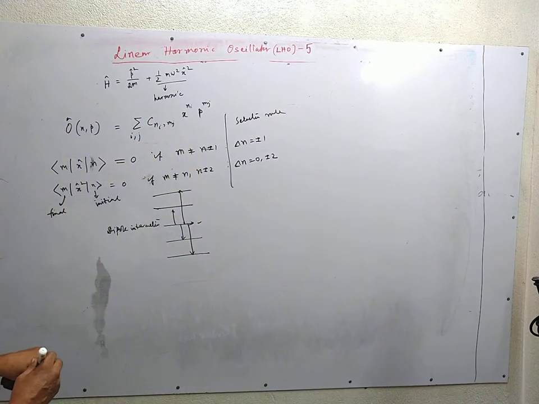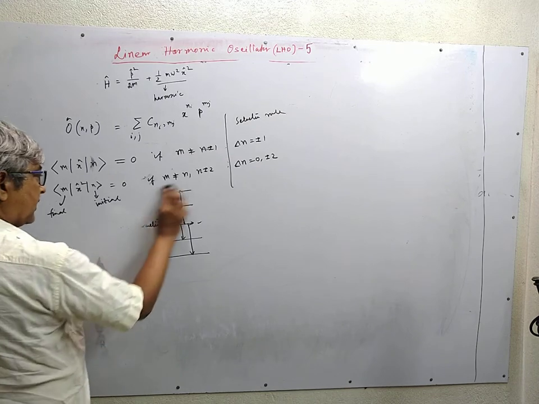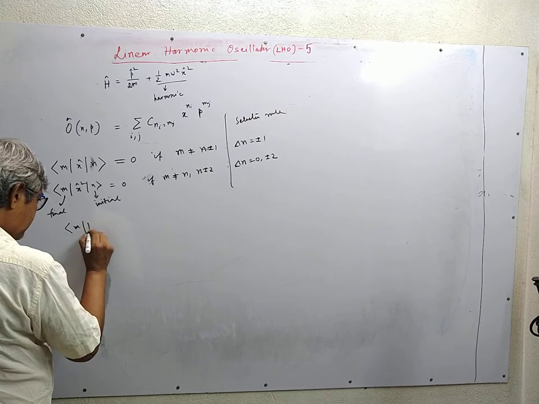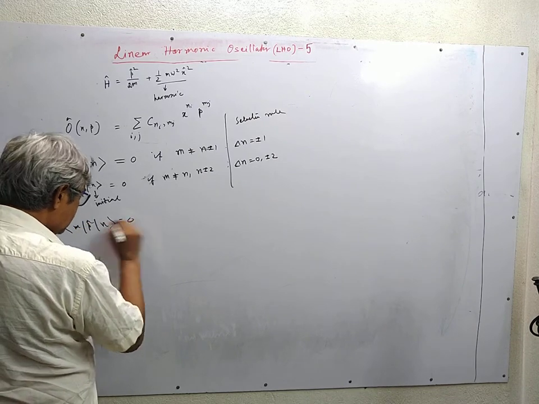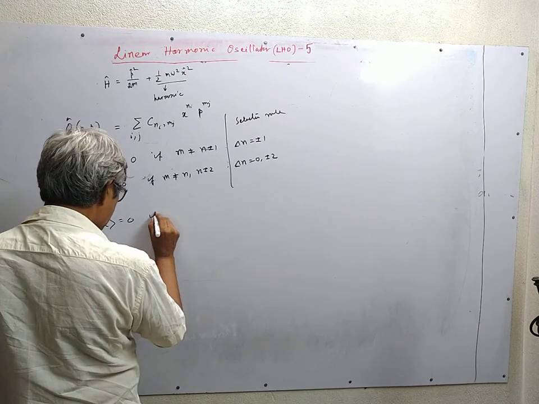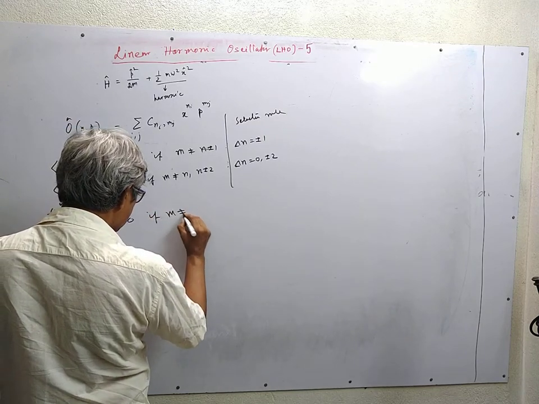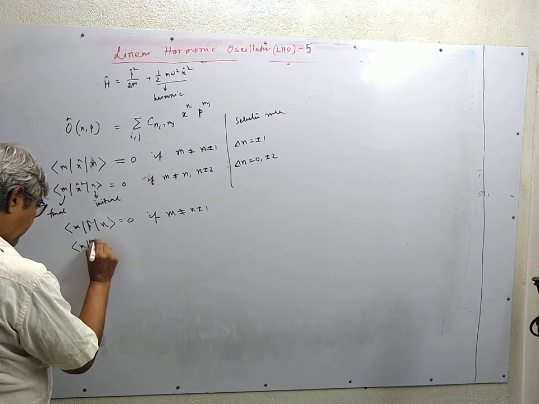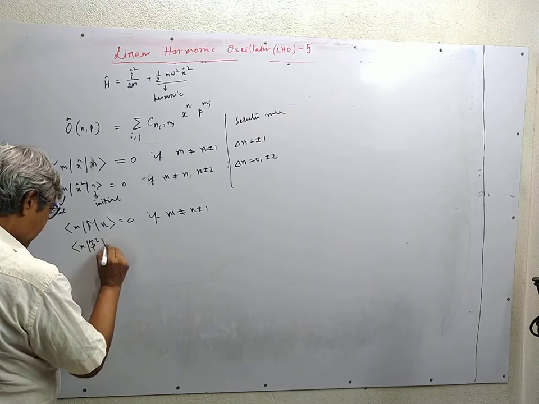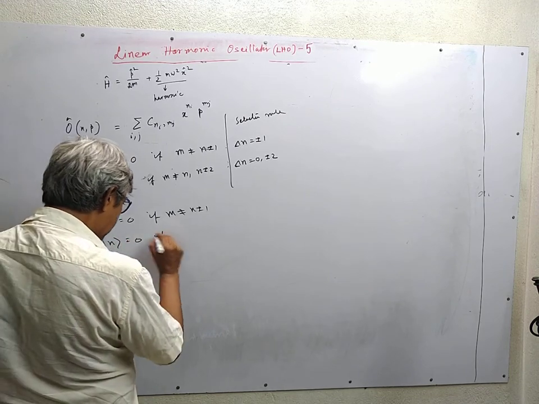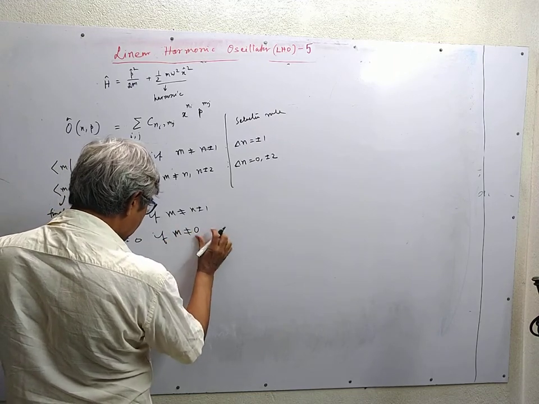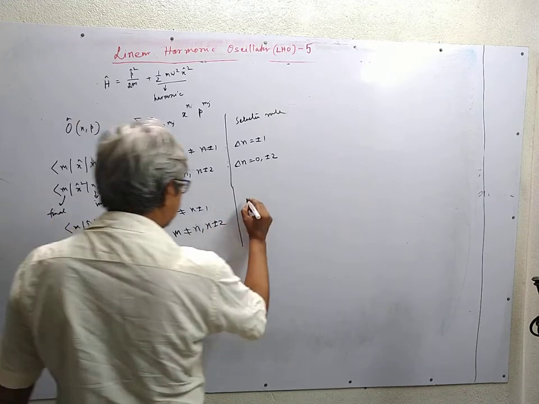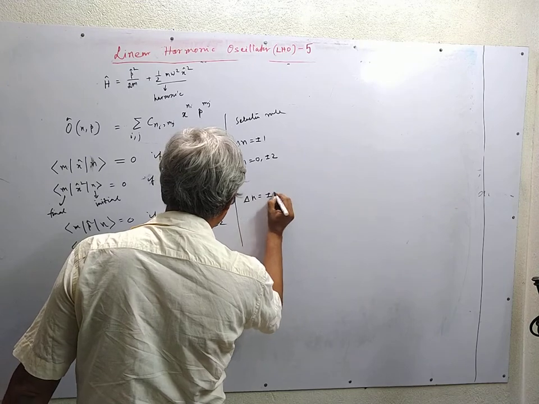Similarly for p. For p, we know the matrix element of p is this. We have already worked out all these things in the earlier class. So again the selection rule is the same: delta n is equal to plus minus 1.